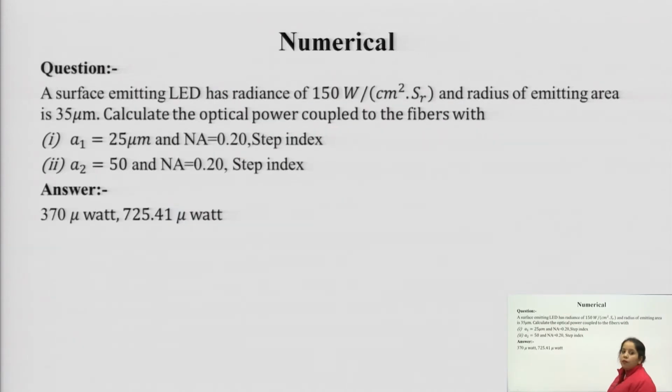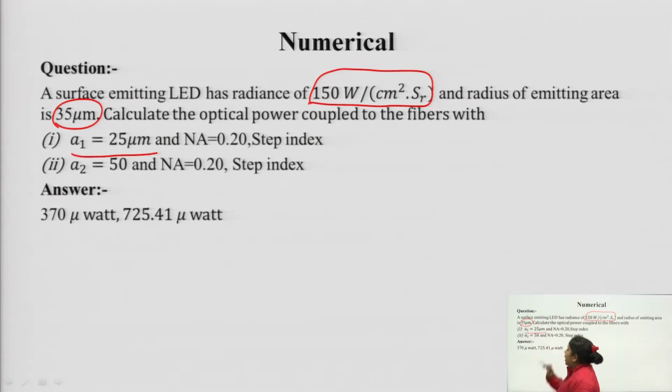So, let us do one numerical for better understanding of this part. A surface emitting LED has a radiance of this value, and the radius of the emitting area is 35 micrometer. Calculate the optical power coupled into the fiber with A1 equal to 25 micrometer having a numerical aperture 0.2, and in the second case A2, where A denotes the radius of the core, is 50 micrometer, and the numerical aperture is again 0.2.